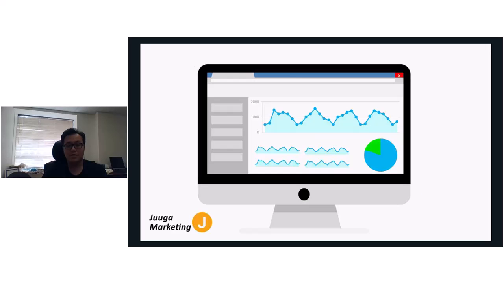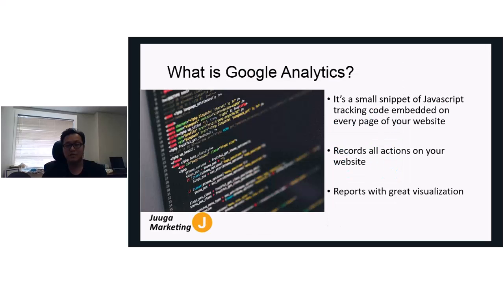So, okay, here's the meat. Google Analytics. What exactly is it? If you don't know, Google Analytics is a small piece of code that's embedded on your website. If you see a nice website, it's all about pictures and text. But if you look beneath it, it's how computers are reading the code.